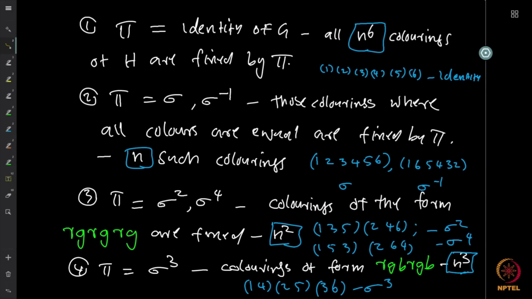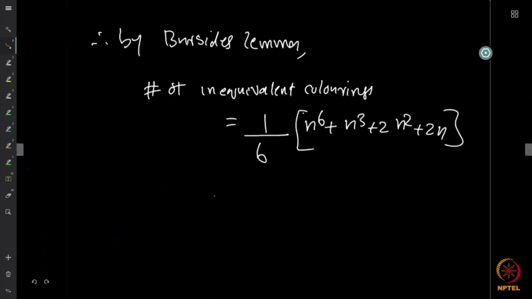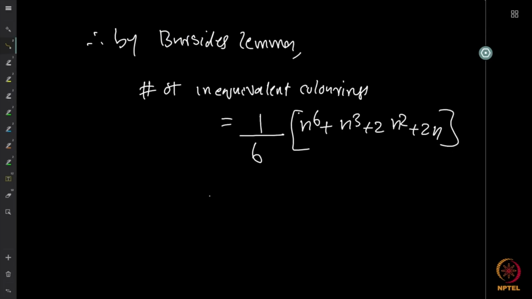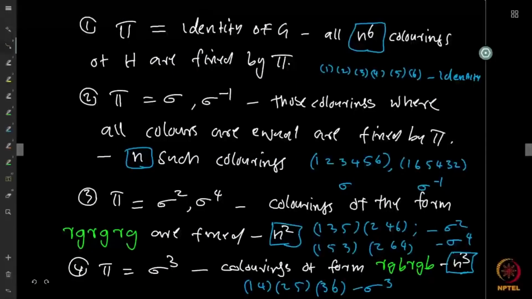Now, why is this? Can you see why? This is something which is kind of easy once you think about it. Let us say that you're looking at a permutation, and this permutation fixes some colorings. Now, if a permutation is fixing the colorings, then look at any cycle of the permutation. So if I look at the permutation as the product of cycles, take any factor which is a cycle.